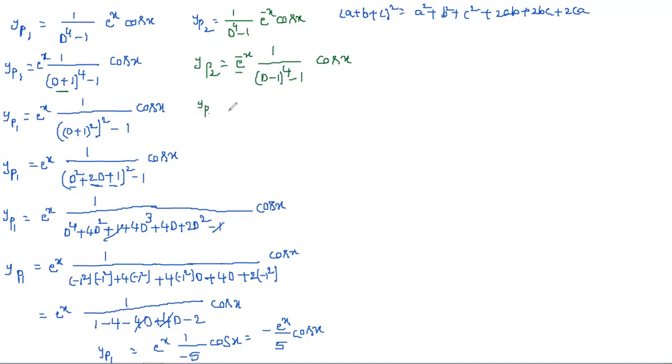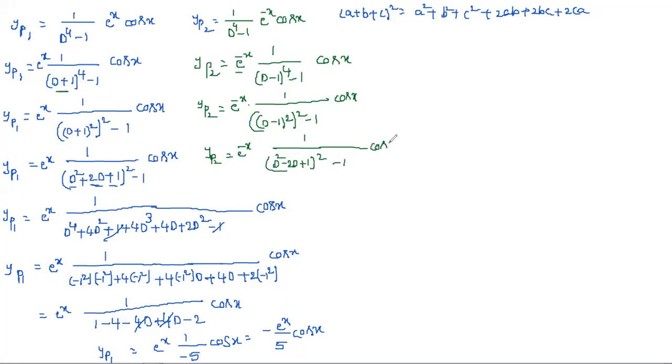So yp2 is equal to e power minus x into 1 by D minus 1 whole square and whole square minus 1 into cos x. So this is a minus b whole square: D square minus 2D plus 1 whole square minus 1 into cos x.